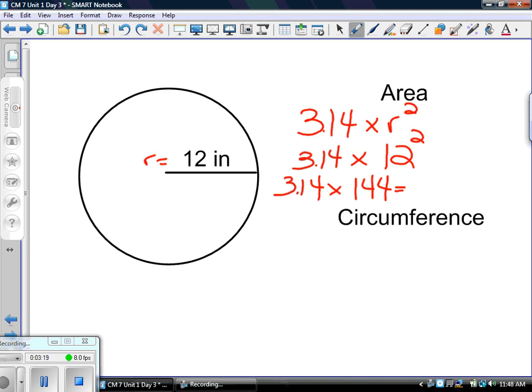And then when we multiply, 3.14 times 144 is 452.16. Now, what I've been telling my students is to round to the nearest tenth, so we'll do that here. The 1 bumps up to a 2, and so your final answer is 452.2, and the label is inches squared.